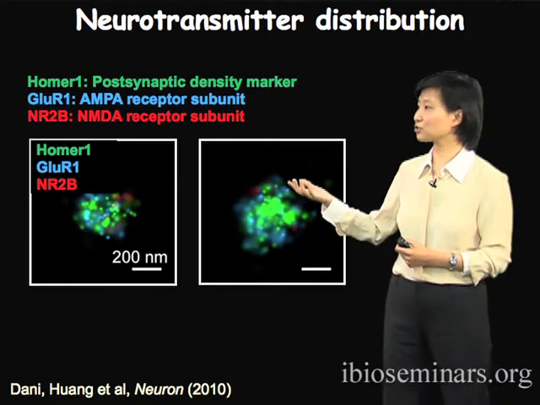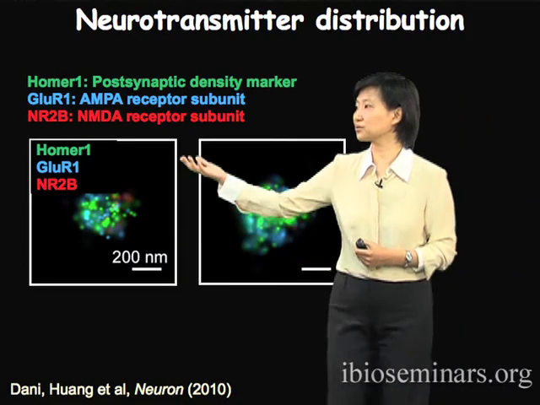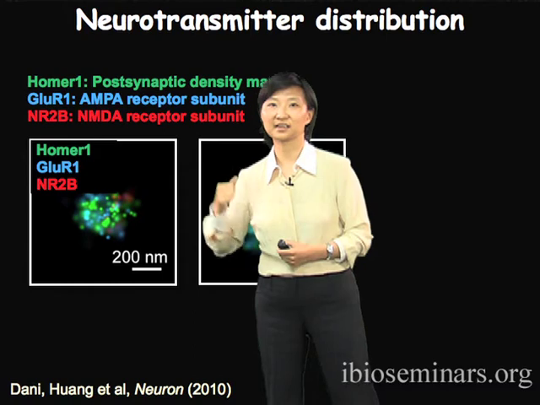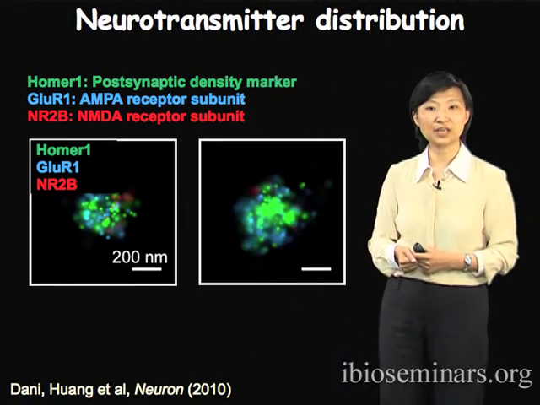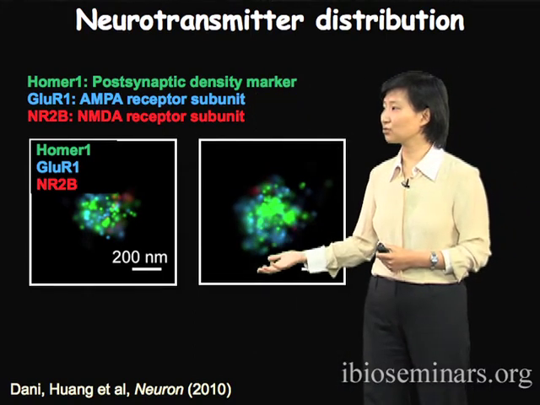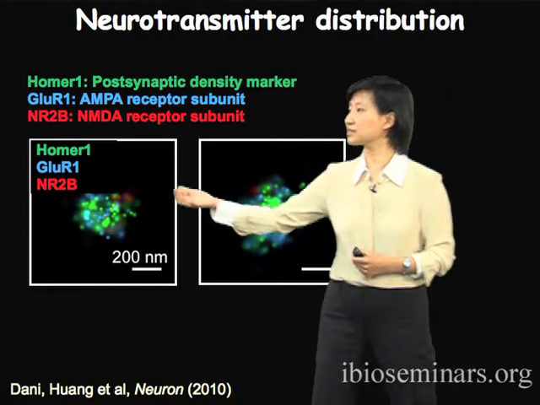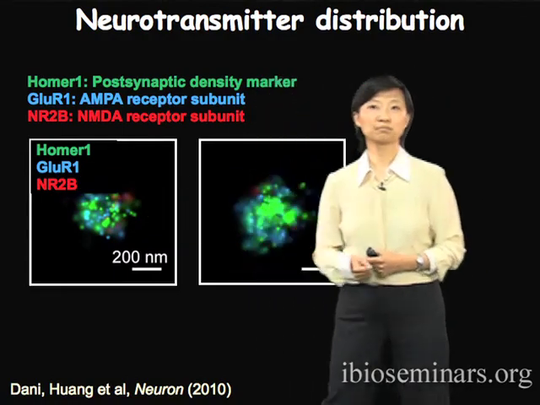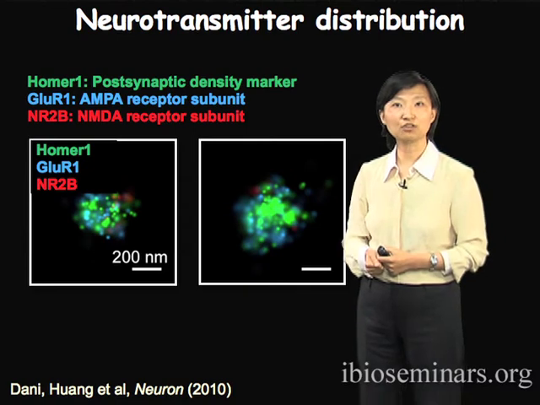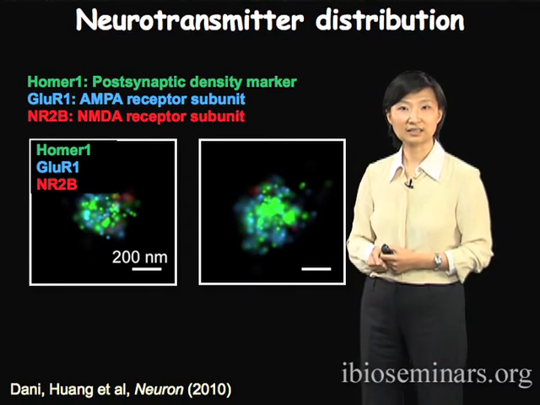But in fact, these are actually three-color images where all three probes, Homer1, GluR1, and NR2B, are simultaneously probed. There's only largely two colors because this protein, NR2B, is largely missing in these synapses.